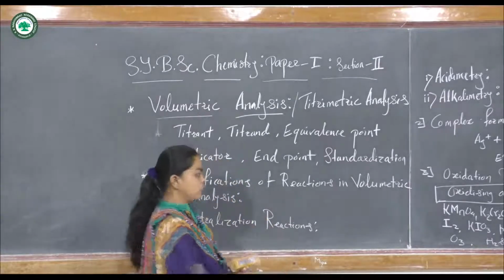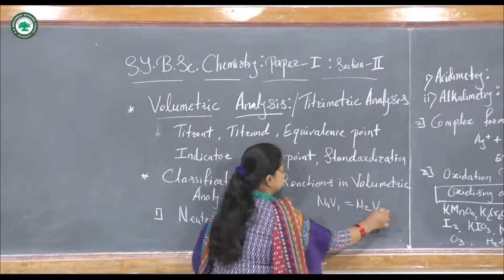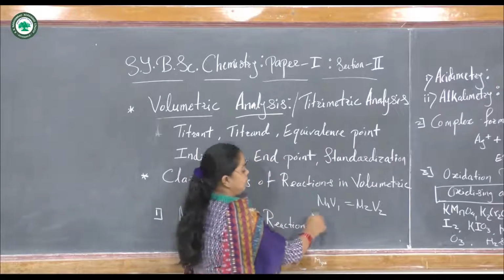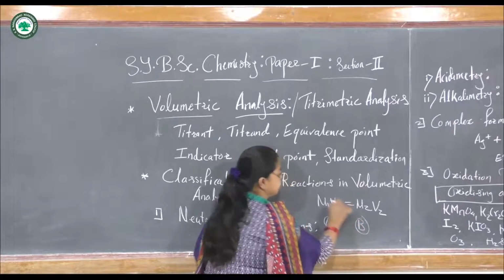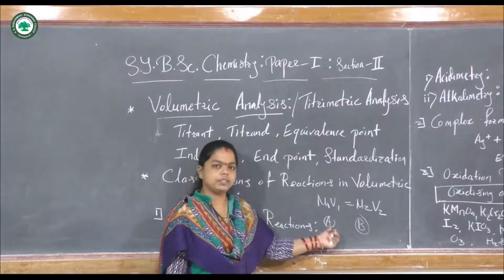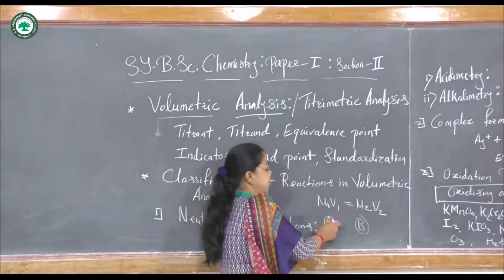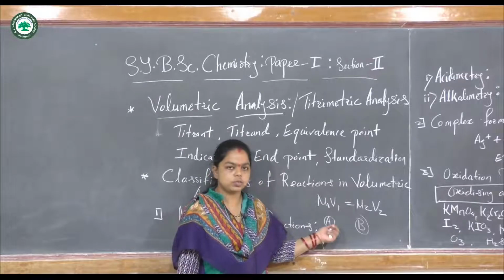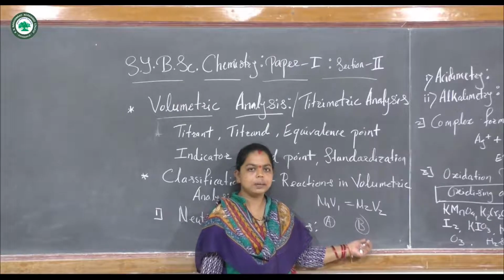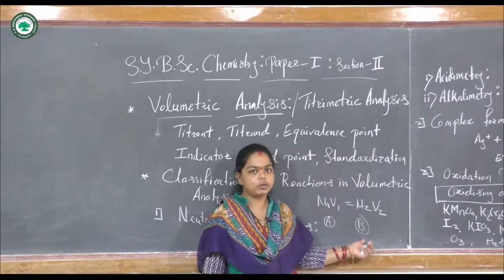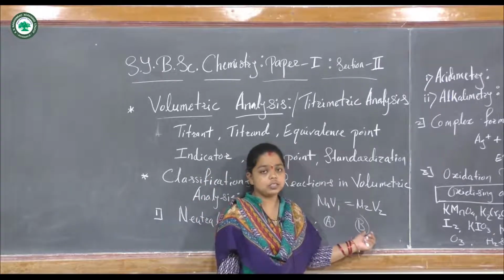So by using the formula N1V1 equals N2V2, if we consider this compound A and another compound B. Compound A has a known concentration and a known volume, and the second compound, B, we have taken with a known volume, we can take any known volume of the compound, but its concentration is not known.